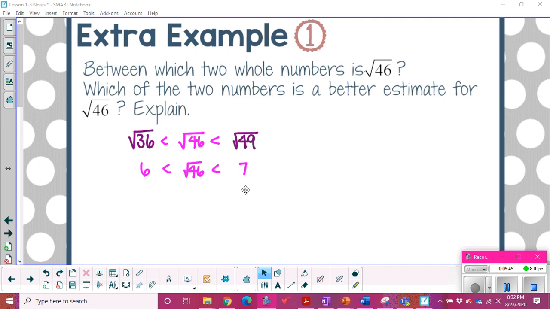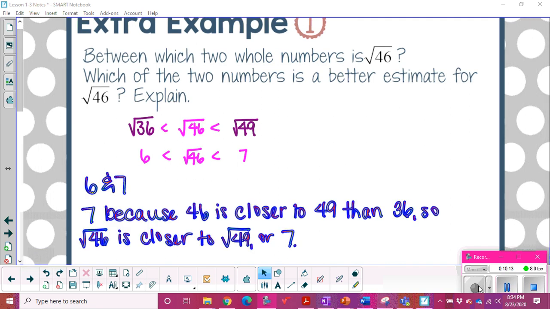Which one would it be closer to? Is 46 closer to 36, or is 46 closer to 49? It's closer to 49, so therefore 7 is going to be the better estimate for the square root of 46, because it is closer to 49 than it is to 36.